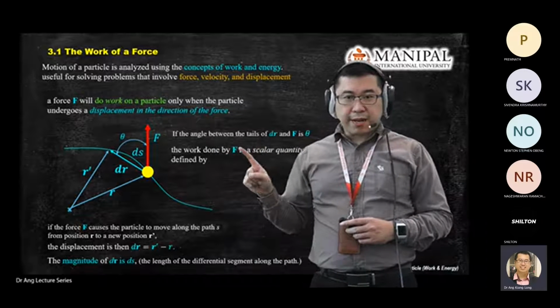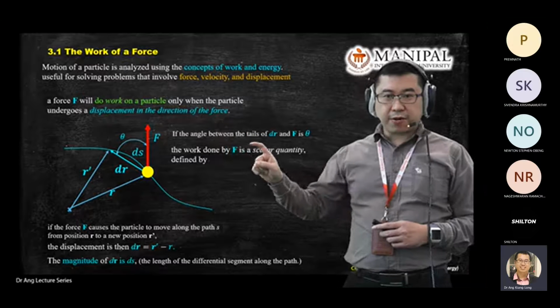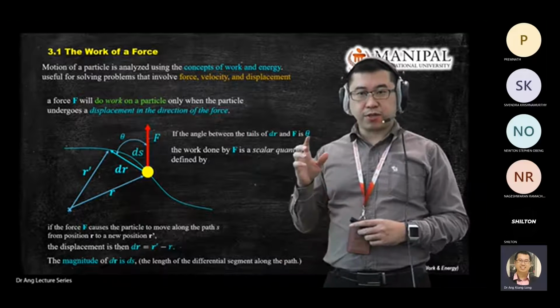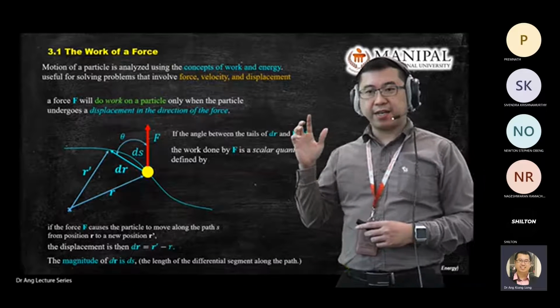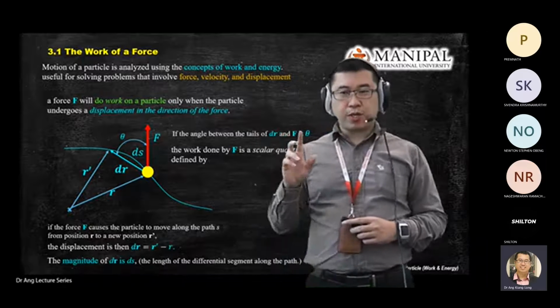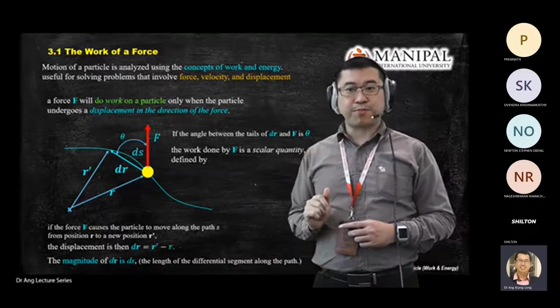Work done by the force is a scalar quantity. You know that you have a scalar quantity and vector quantity, right? When you learn about vectors, you have a dot product and a cross product, right?